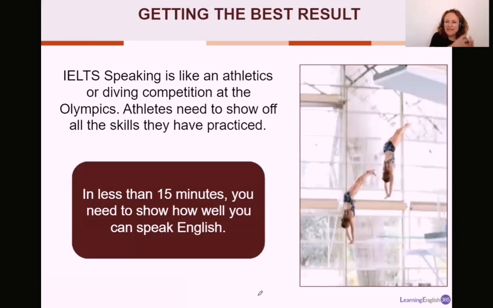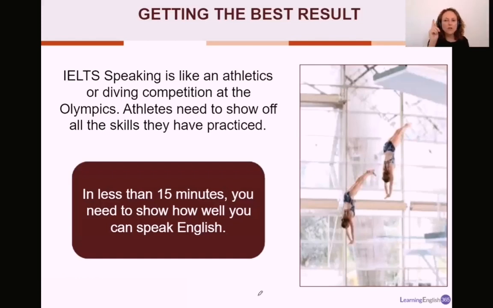In part 2 of the test, as we've seen, you will get a minute, literally 1 minute, to write some notes on what you're going to say about a topic. It's very important that you write keywords, things so you don't go blank. You know, often when we're nervous, we forget what we want to say. Oh, I just thought of something and then I've forgotten it a second later.